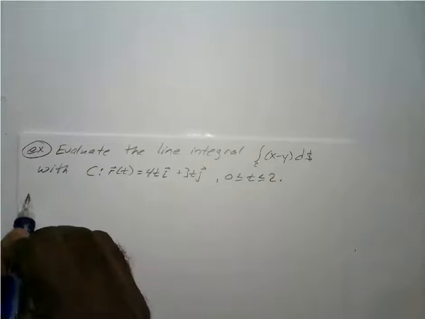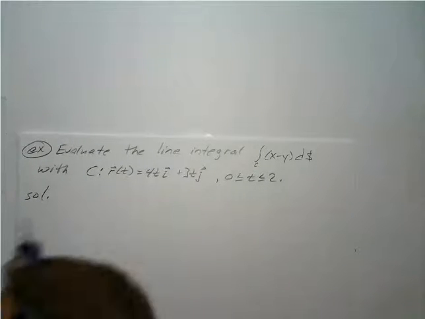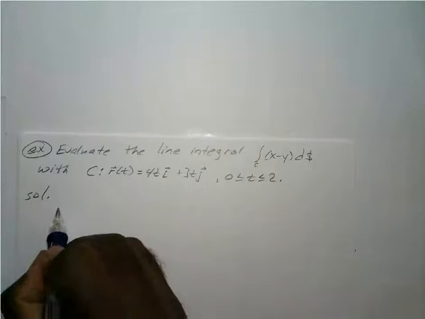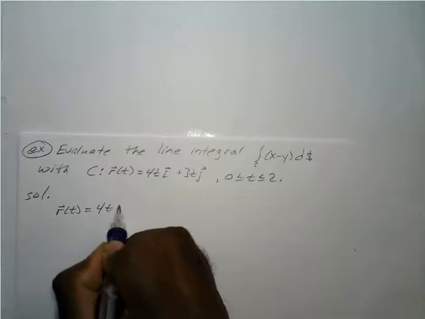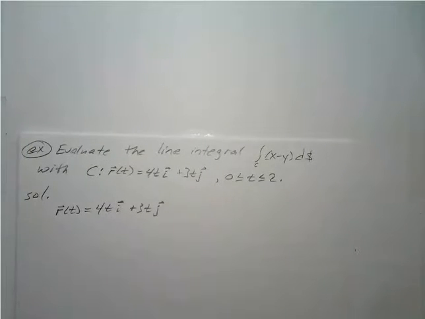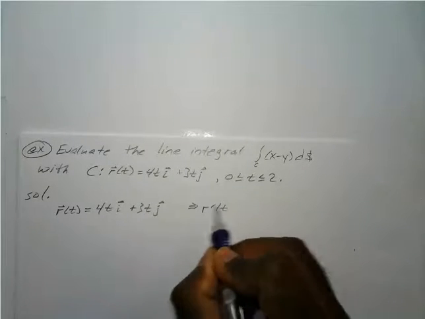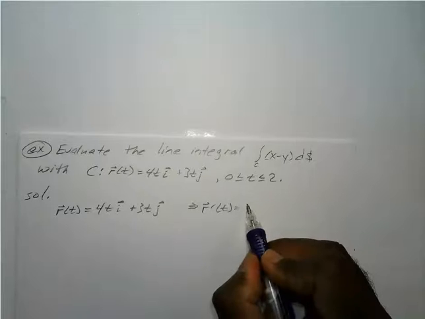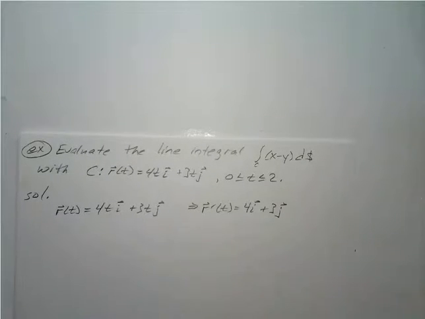This is how you would approach this problem. We know that our curve r of t is equal to 4t i plus 3t j. That means r prime of t is equal to 4i plus 3 times your j unit vector.